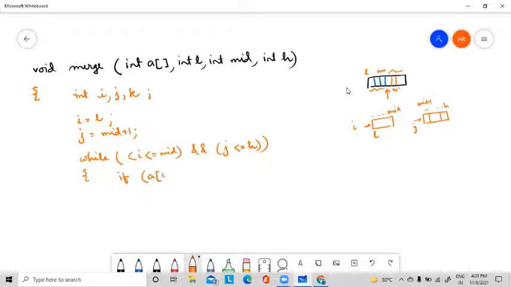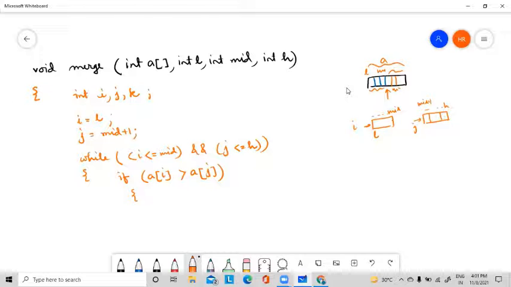See, this is the whole array A, which is now divided into two parts. So a of I will be compared with a of j. Instead of two different arrays A and B, we are comparing the same array.